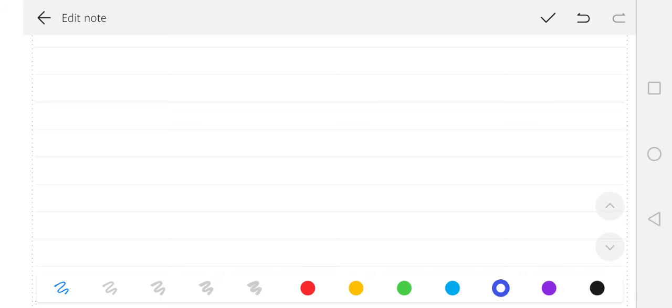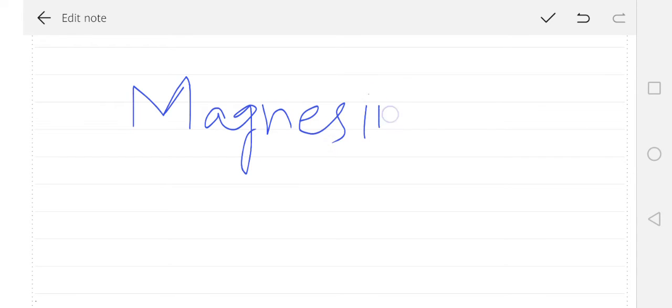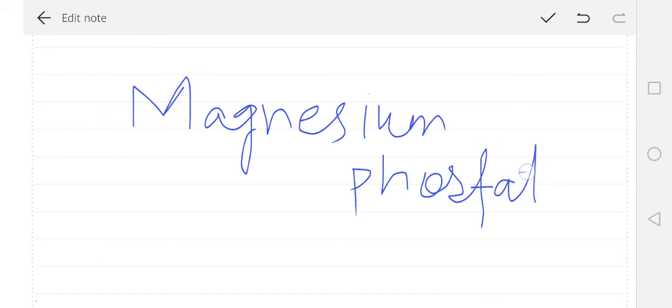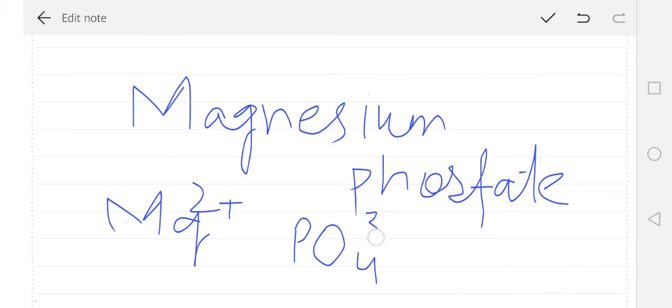Now let's take the last example. If you are supposed to write the formula of magnesium phosphate. Now magnesium has charge 2+, and phosphate has charge 3-.